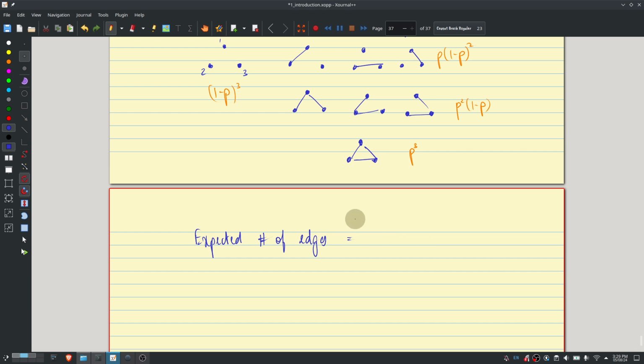You can write this in the following way. So in general, how do you count the number of edges? You can look at all possible pairs i comma j, and then see if there's an edge between them or not. Although it's fairly simple, I'll try to do it in a formal manner because that will help us. So I can write this as a summation over all possible pairs i comma j.